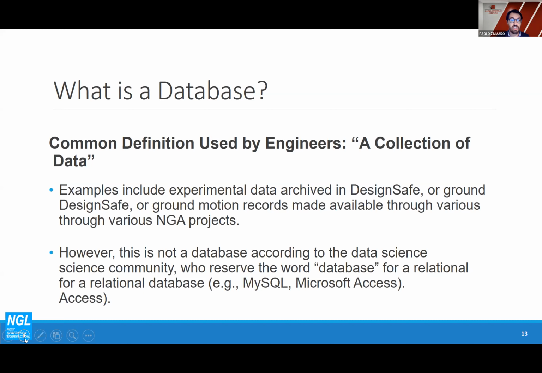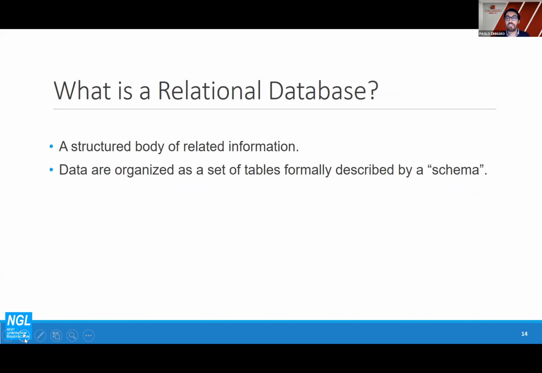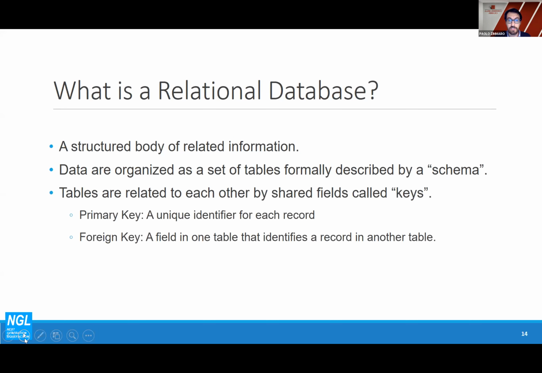NGL is structured as a relational database. So it's a structured body of related information. Data is organized based on tables, and the relationships between tables are described by a so-called schema. We'll look into the NGL schema in a moment. A schema allows you to map how tables are related one to another in a relational database.